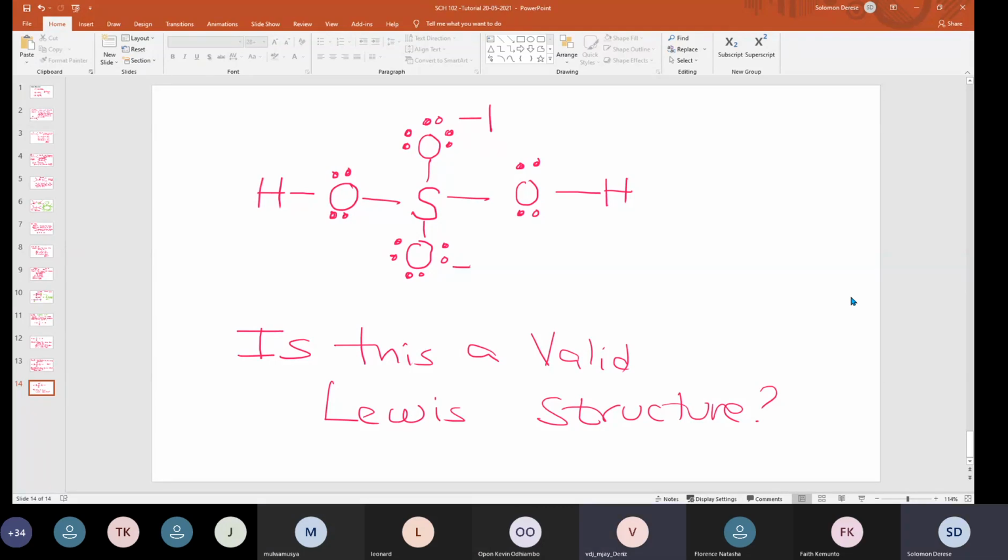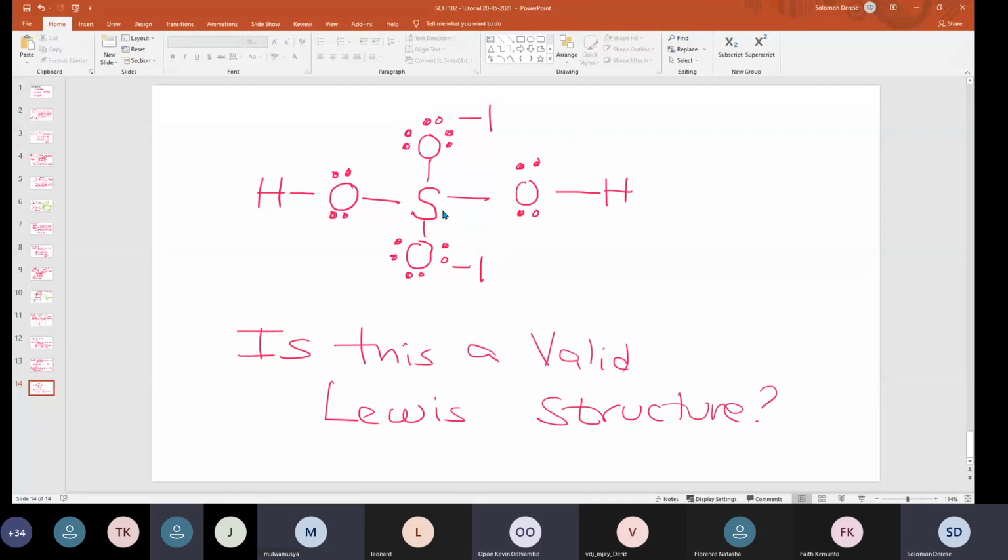The same is true for this one, okay? How about this oxygen? Neutral. Okay, satisfied. Now, I want you to tell me what the charge on this sulfur is.